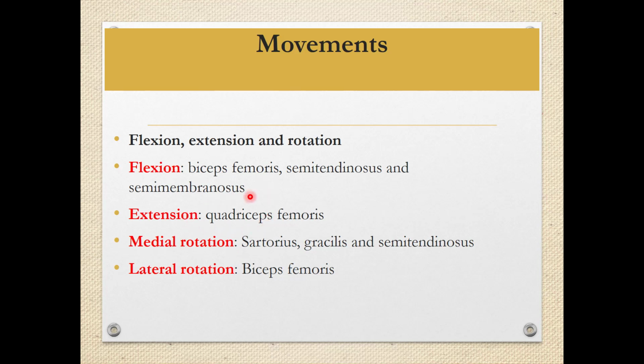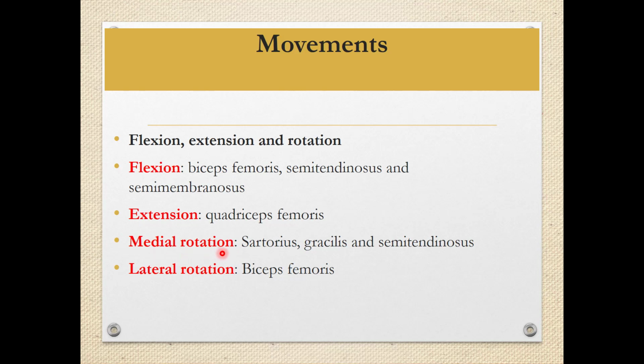Extensors are present on the anterior surface or the front of the thigh. They are the quadriceps femoris muscle. They are rectus femoris, vastus intermedius, vastus medialis and vastus lateralis. These 4 muscles will form the quadriceps femoris muscle. They are present in the anterior compartment of the thigh. They are extensors of the knee joint.